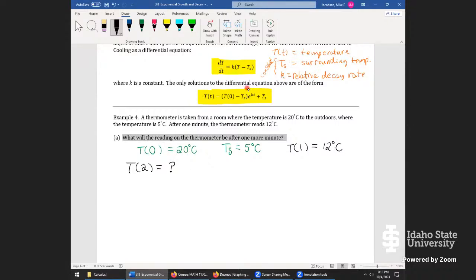We can begin by writing out temperature at time t is going to be, first, we put in the initial temperature. That one we found to be 20 degrees. So 20 degrees will go here. Actually, I'll drop the units at this stage just to clean it up. We'll focus on the algebra. Subtract the surrounding temperature, so minus 5 degrees.